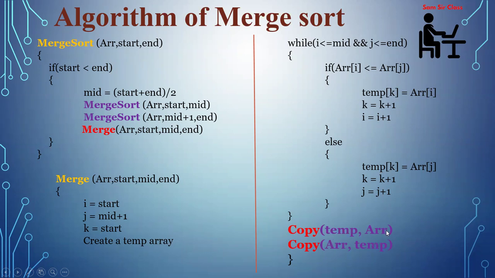Okay, and finally you have just copied the rest of the values which are present from the array to the temporary array. Maybe it is list one or array two, whatever, but it is being copied. But to get the original output, you have to copy the temporary array into the original array. Then only it will be reflected in the main function.